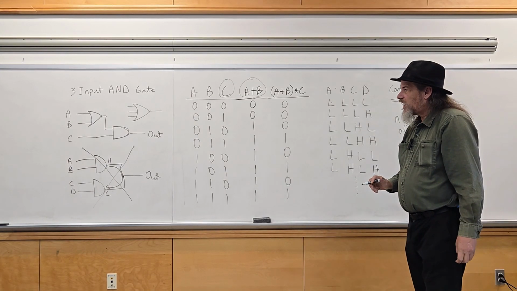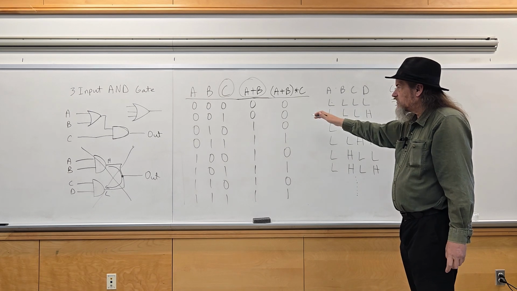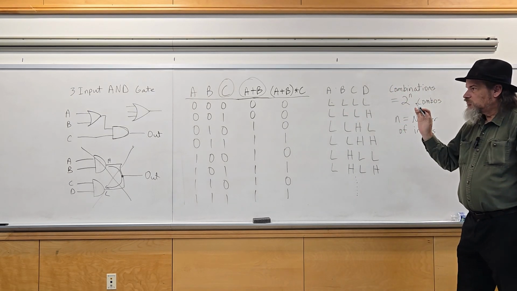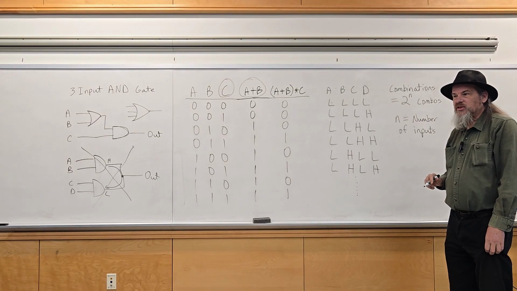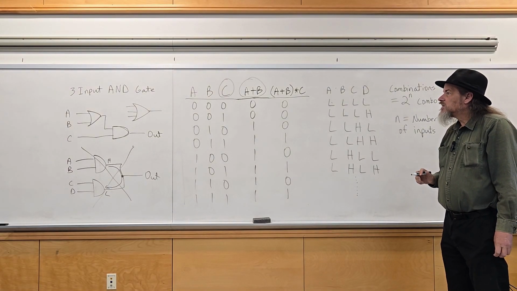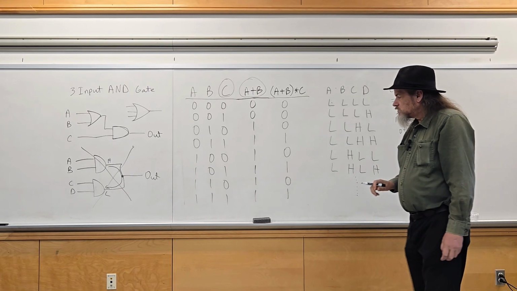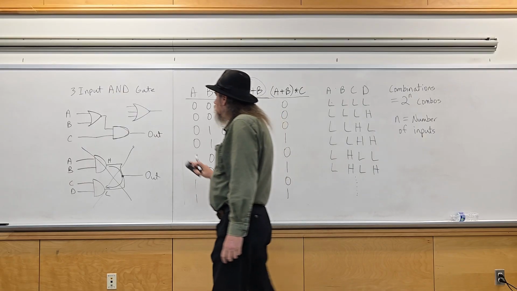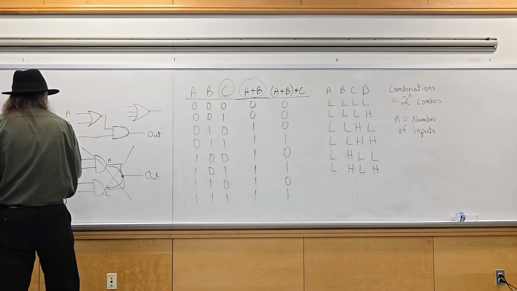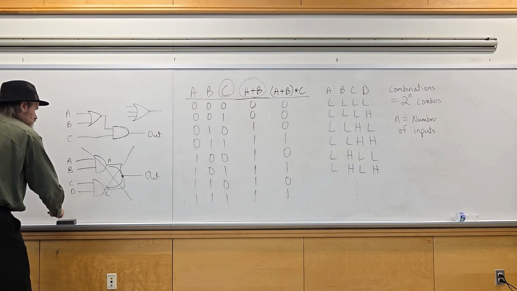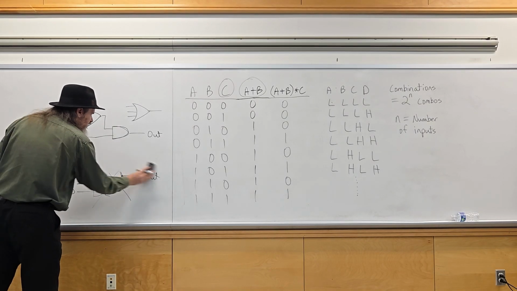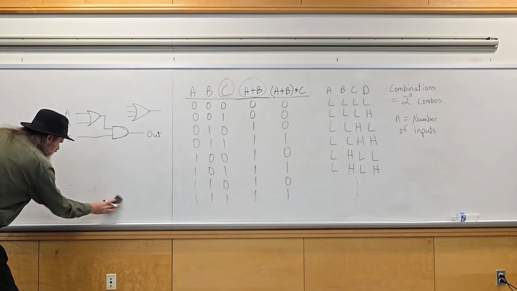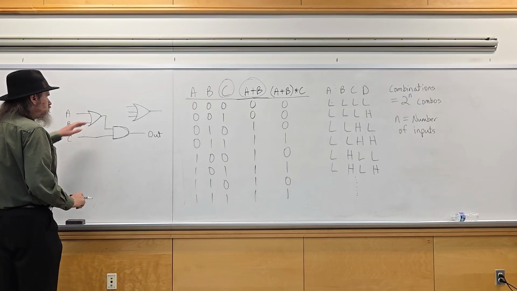So you break it down and construct the state table by the gate and the individual functions that the gates produce. So that would be the state table for this circuit.